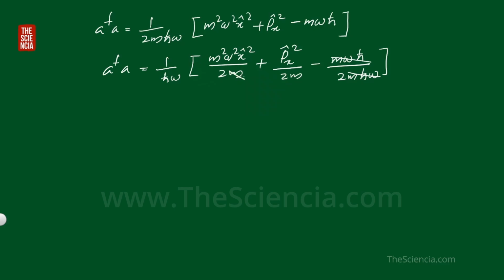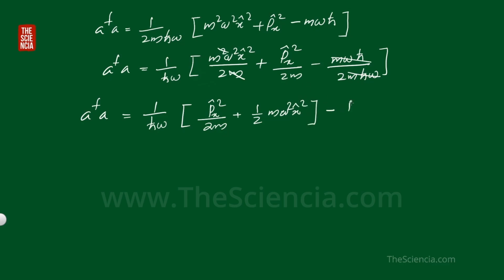And here we can cancel this m and this m, and finally we will get a dagger A is equal to 1 by h cross omega into px cap square by 2m plus 1 by 2 m omega square x cap square minus 1 by 2.